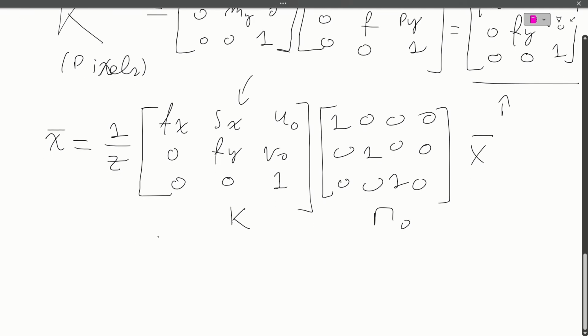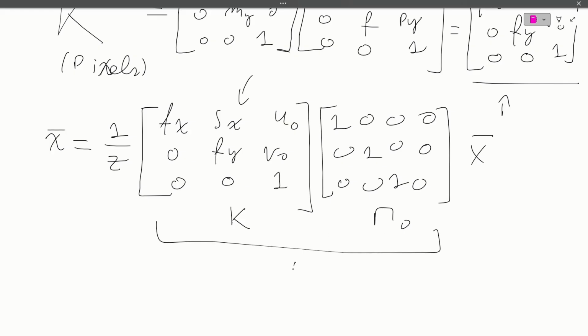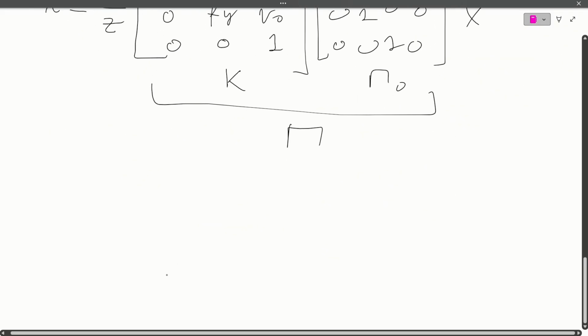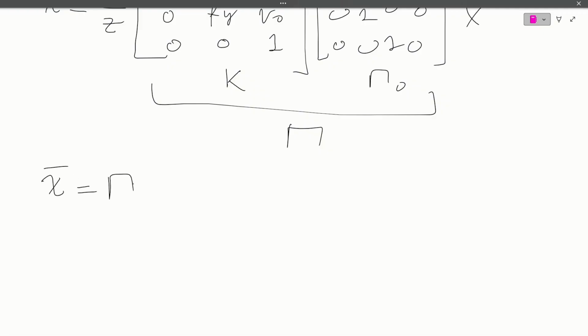Okay, we can change the notation and say that this K multiplied by P0 is P, just P. And so, another time, we will rewrite everything. X is equal to 1 over z multiplied by P multiplied by X. Okay, it's not complete.